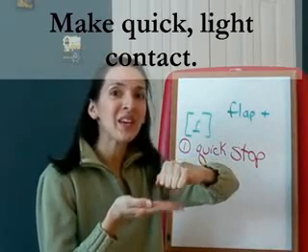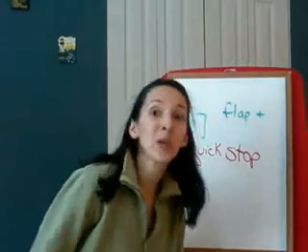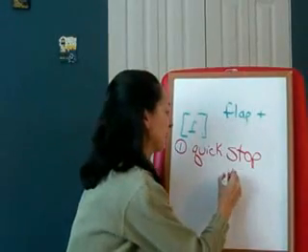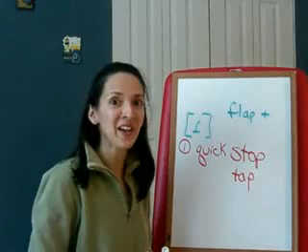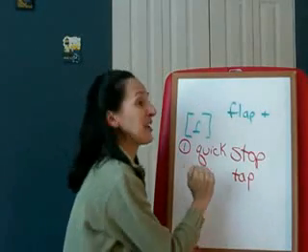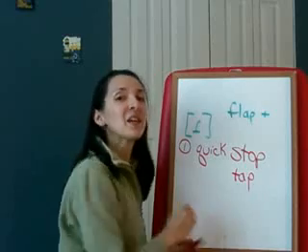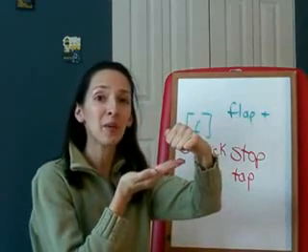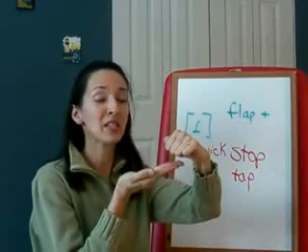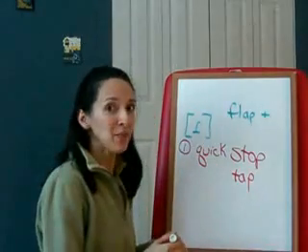It's quick, and so it becomes lighter, softer. In fact, we can call it a tap. A tap, you know, is gentle contact. There's a difference between knocking and tapping. So think of it as your tongue tapping that hard bump. There's still contact, but it's quick and it's light. We'll call it a tap.